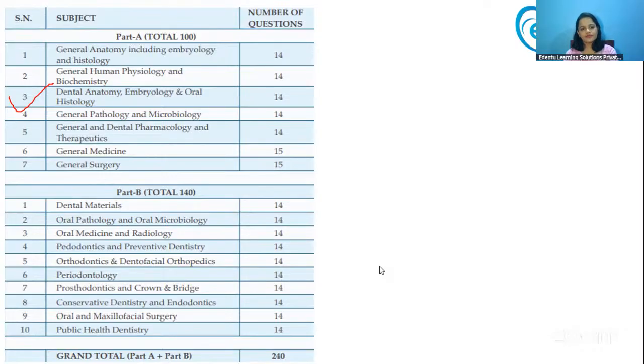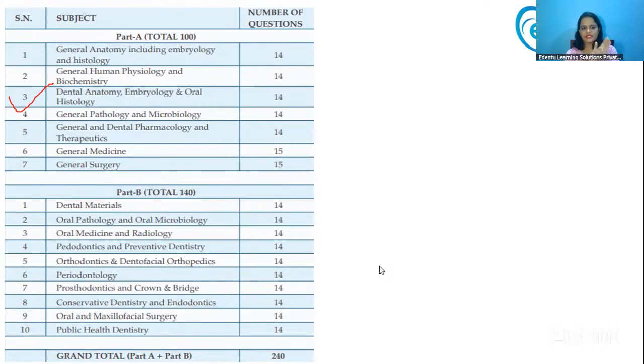Out of these 14 questions, usually 5 to 8 questions can be asked from oral histology, and something like 4 to 5 questions can be asked from dental anatomy. There can be a change in the number also, but this is the average number of questions you can expect from both oral histology and dental anatomy.